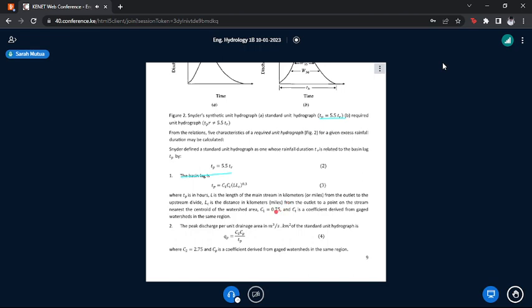It's not 0.75. I have to modify that and note it down, otherwise I'll not remember to correct it. Correction: C1 is equal to 1.